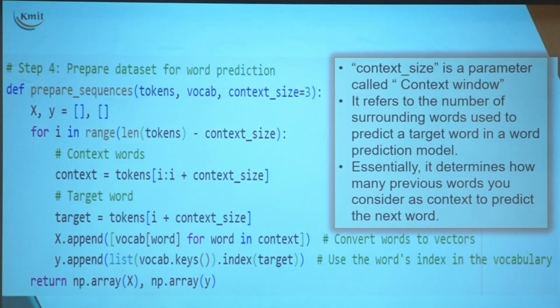Are you clear? So context window is an important parameter here. It refers to the number of surrounding words used to predict a target word in a word prediction model. The target word is your output. The context words are the window that you take from your input sentence to predict the output. Clear enough? Essentially, it determines how many previous words you consider as context to predict the next word. That's what I have taught you.